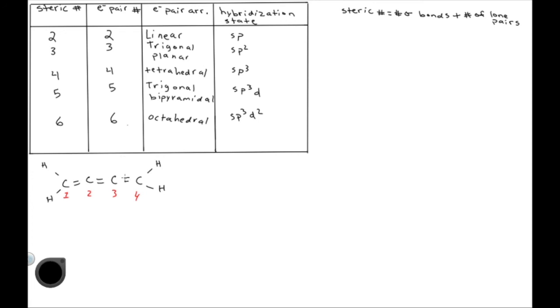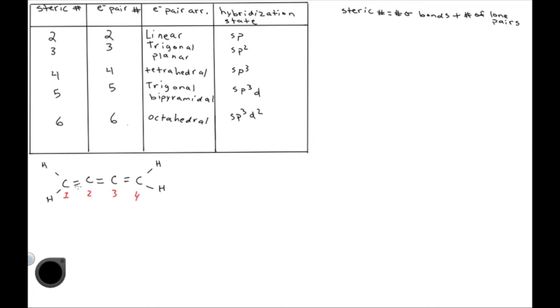Likewise, since double and triple bonds count as single bonds, the electron pair number is going to be 2. And therefore the electron pair arrangement is going to be linear, right? Because it kind of looks like a straight line around carbon 2. And the atom is going to be sp hybridized.